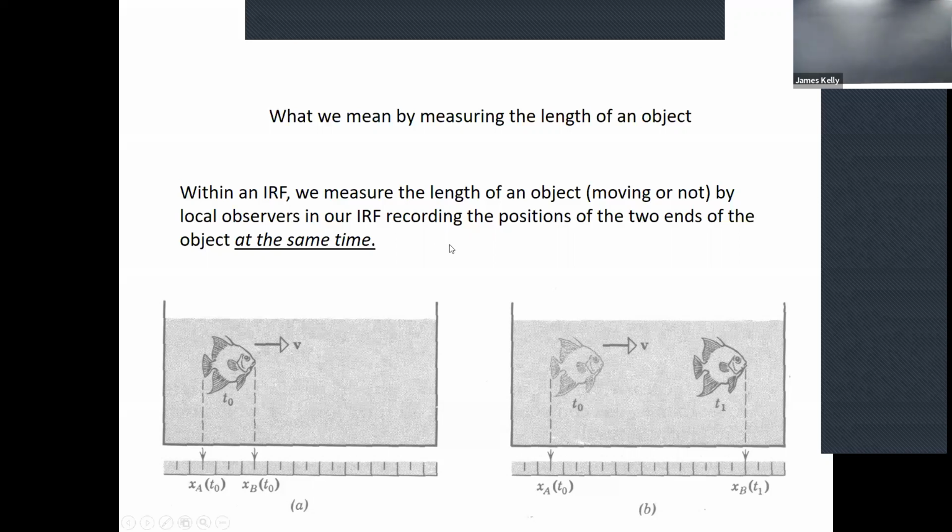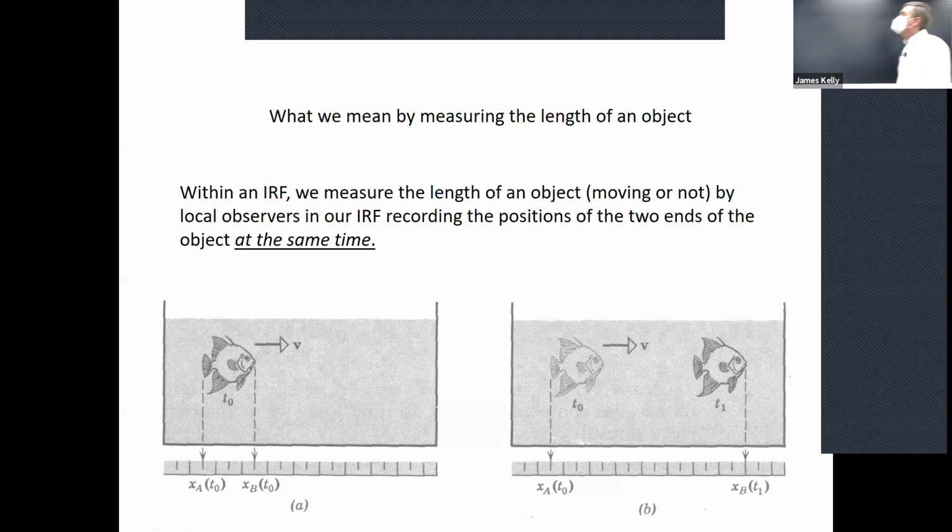But if something is moving by very quickly, and we're going to talk about the lengths of objects that are moving by really quickly, it's absolutely crucial that we measure the position of the rear of the object and the front of the object on our meter stick at the same time. Look at the picture on the right there of this fish that's moving to the right.